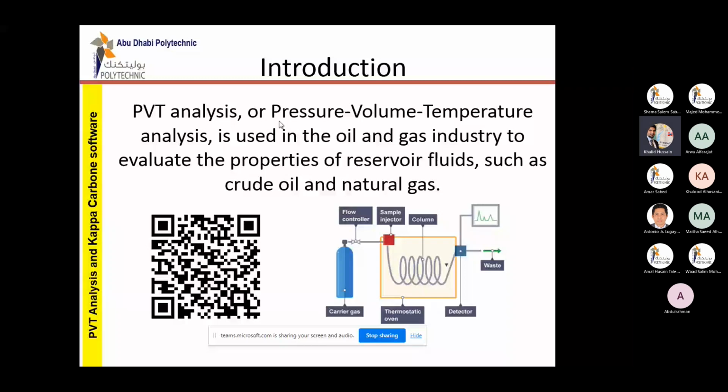Porosity and permeability are not part of reservoir fluids. They are rock properties. We are interested in reservoir fluid properties in the reservoir fluid lab. Any other property? Density, viscosity, anything else? Boiling point, yeah.